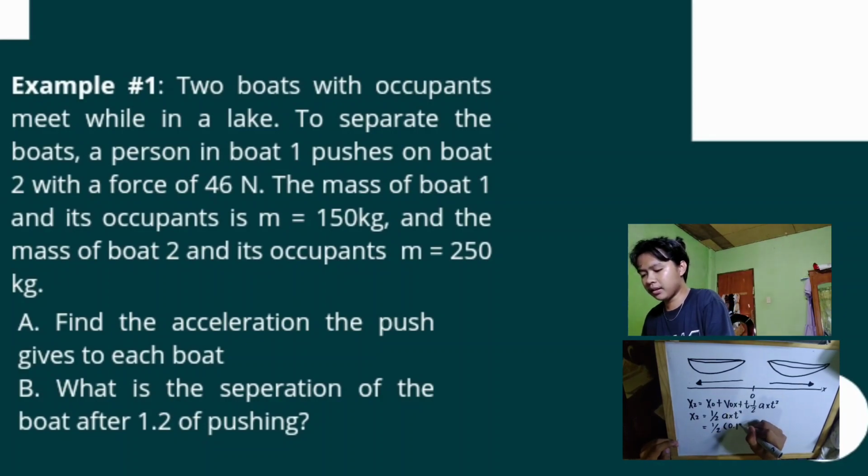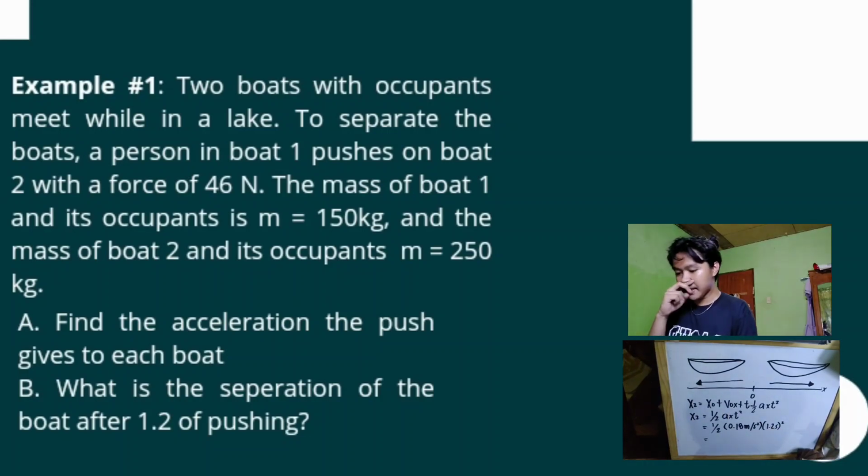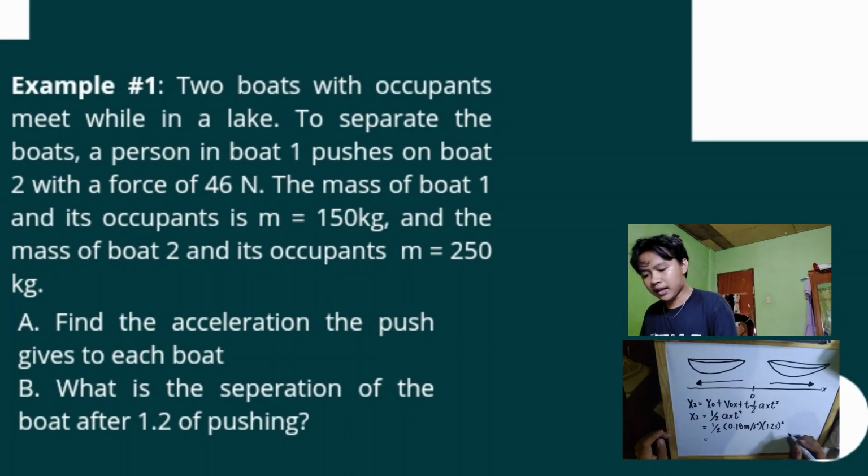Bali, 0.18 meter per second squared multiplied by the time of 1.2 second squared. In this, makukuha na natin yung answer. Kailangan nating i-cancel si second. Bali, makukuha nating answer is 0.13 meter. Meters na lang yung naging given ng ating x sub 2.